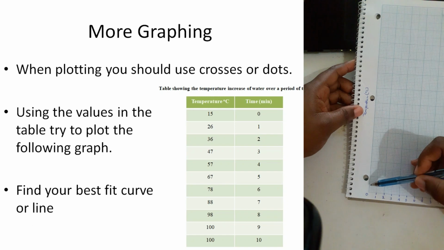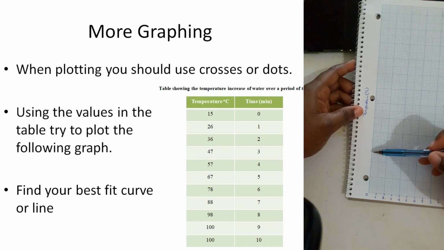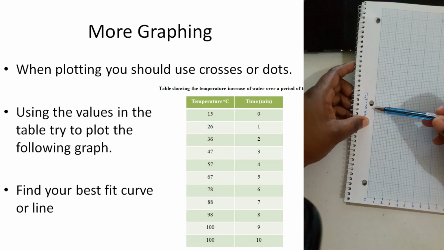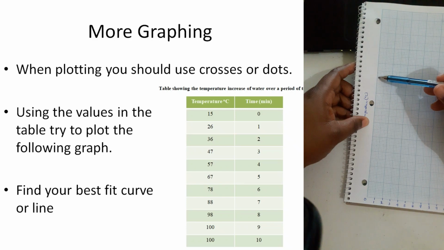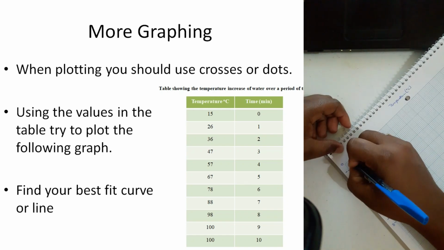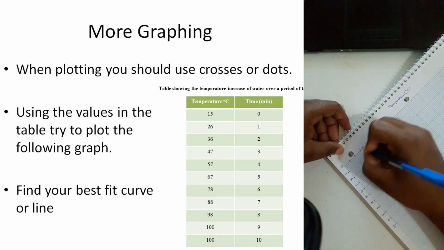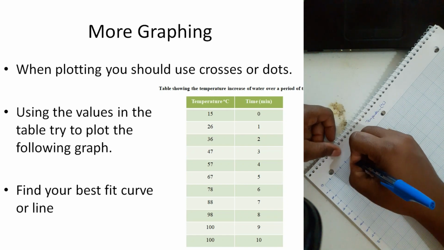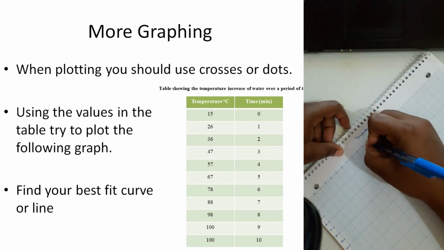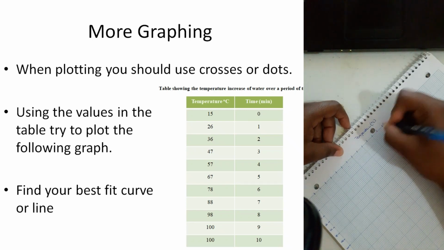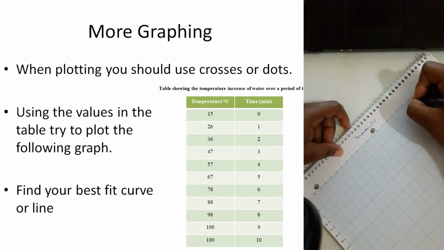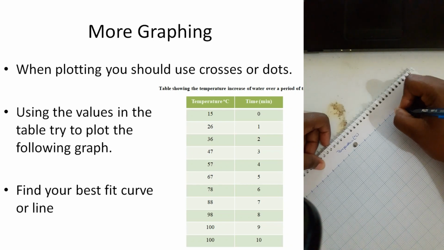We can be going 5, 10, 15, 20, 25, 30, 35, 40, 45, 50, most likely. 55, 60, 65, 70, 75, 80, 85, 90, 95, 100. Yeah, we can go up in 5s.